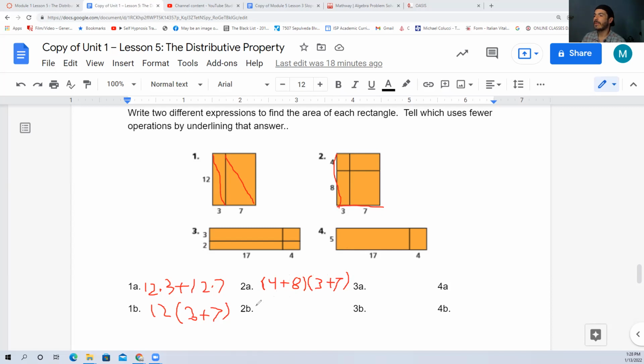Or there's a whole bunch of ways I could do this, but what if I just took the 4 and I multiply, let me erase this a little bit. If I just took the 4 and if I multiplied it just by the 3 and 7, I would get all of that, right?